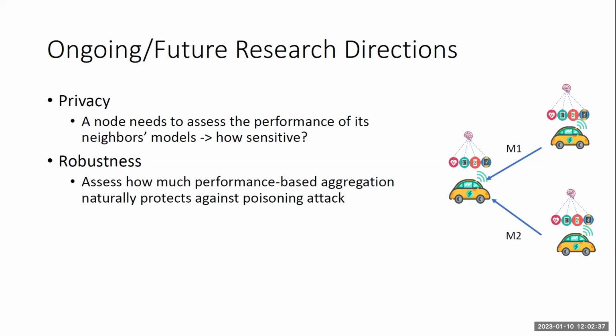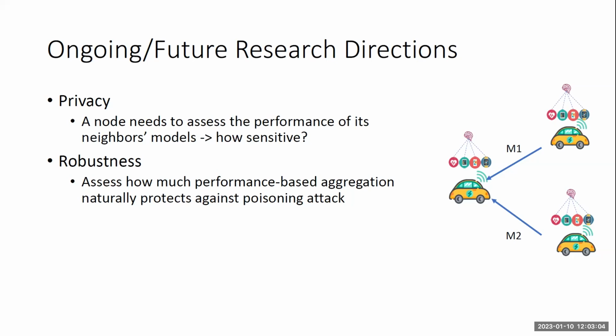And of course, robustness is also an important question. One of the questions we are wondering is whether this performance-based aggregation, because you test models that you receive locally, naturally protects against some types of poisoning attacks. For example, if your neighbor sends you a bad model, as you test it, you can just drop that model or aggregate it with very, very small weights.